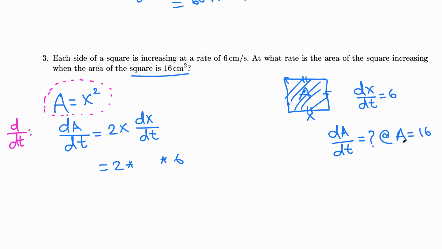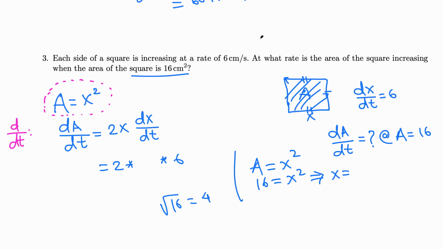So when A is 16, A equals x squared, so 16 equals x squared. Take the square root of both sides, we get plus or minus 4. By the way, the square root of 16 is always positive 4, but when we take the square root of x squared, we get the absolute value of x. That's how we get plus or minus; it's because of x, not the square root of 16.